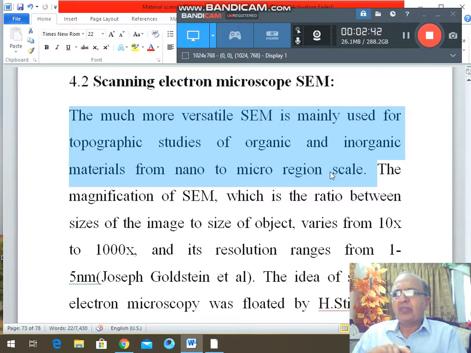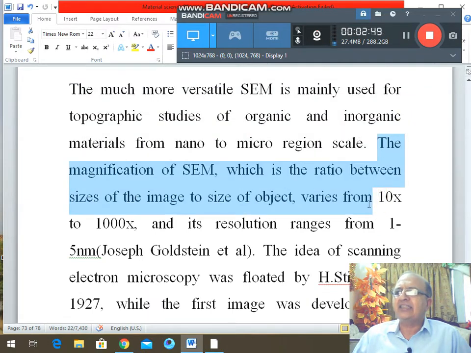The magnification of SEM, magnification in general, is the ratio between the size of the image to the size of the object, and it varies from 10 times to 1000 times, meaning that 10x means 10 times, 100x means 100 times, meaning that the object size can be enlarged from 10 to 1000 times.